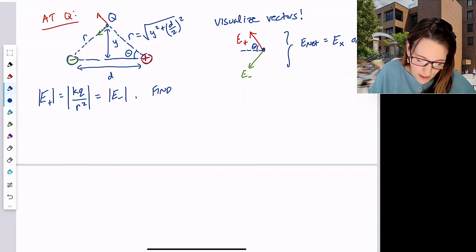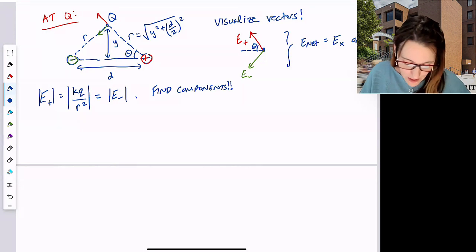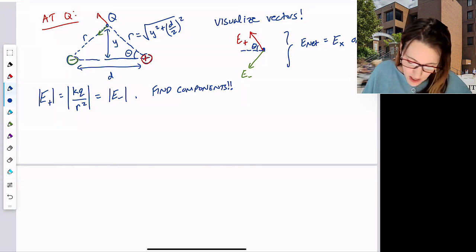So now I always do my next step where I find the components of each one. I cannot add vectors without worrying about components. So I can see here that I'm only going to worry about the X component.